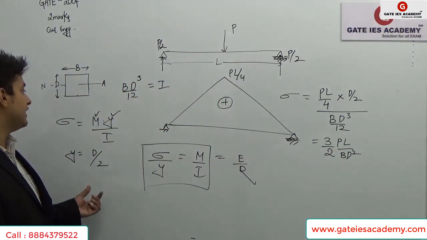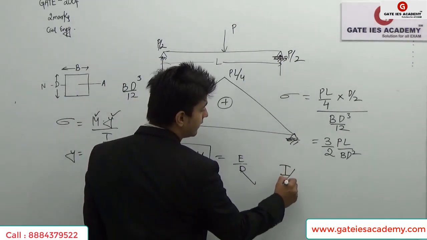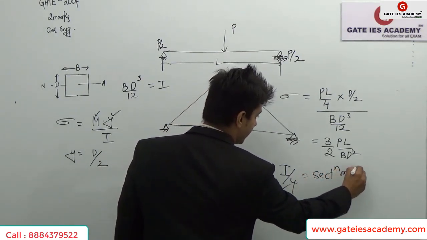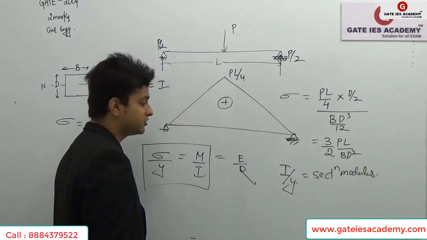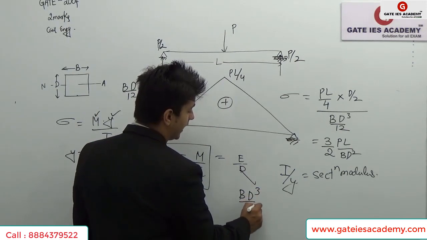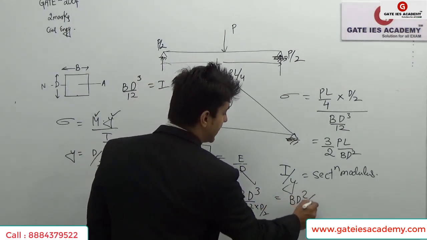Generally, this I by Y is called the section modulus. For extreme positions, I is equal to BD cubed by 12 and Y is D by 2, so that is nothing but equal to BD square by 6, which you can directly remember.